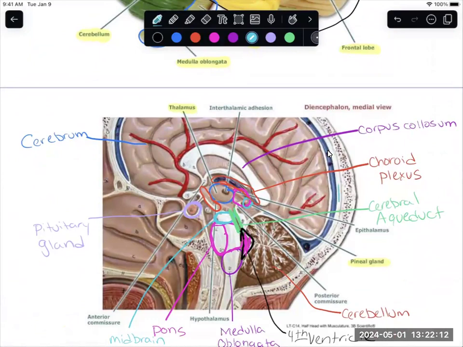Our dura mater is going to be out here. Here, I'll come back and label that. Our arachnoid mater is going to be through here.